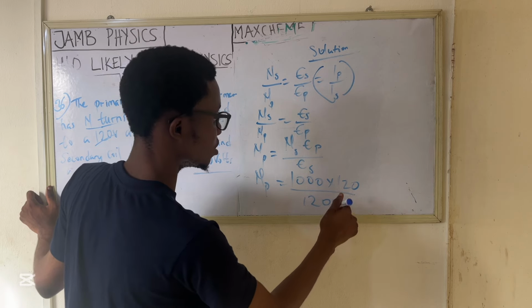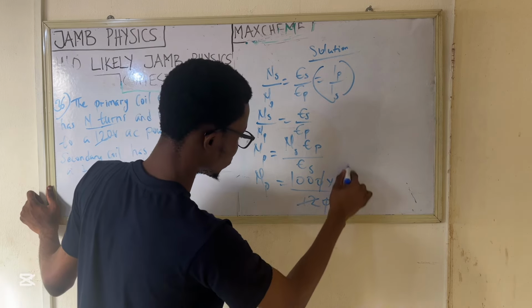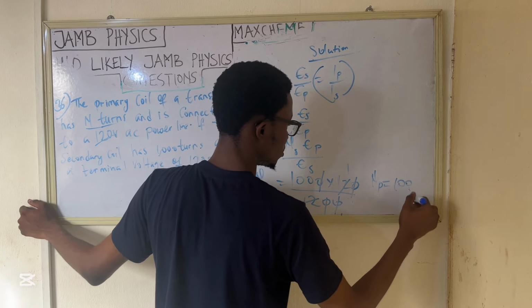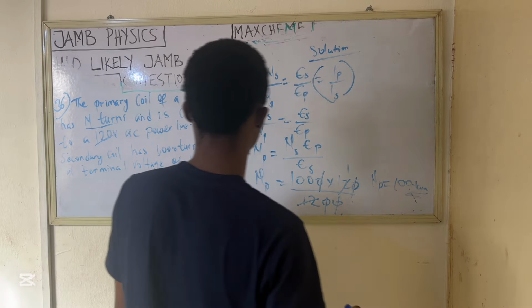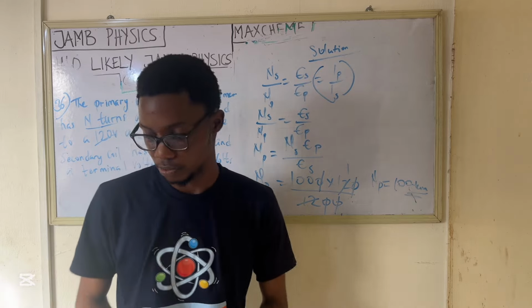So 0 will cancel 0, 0 will cancel 0, 12 here 1, 12 here 1. So the number of turns is 100 turns. So that is the right answer to this, 100 turns.